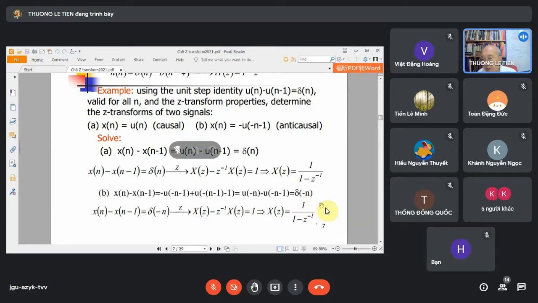Both cases give the same Z function. So we can make a conclusion: for a given Z function, if we want to take it back to the time domain, then the solution is not unique. Not unique.